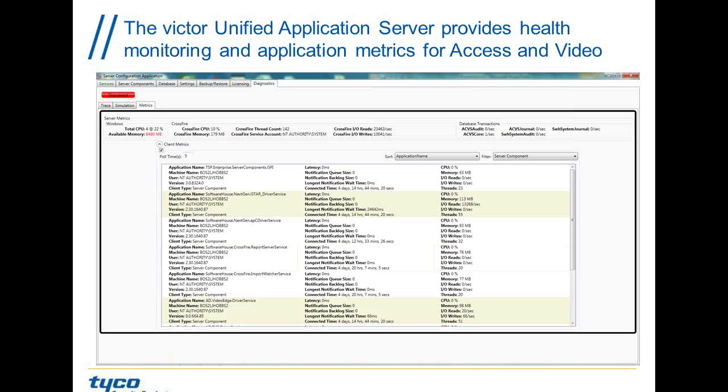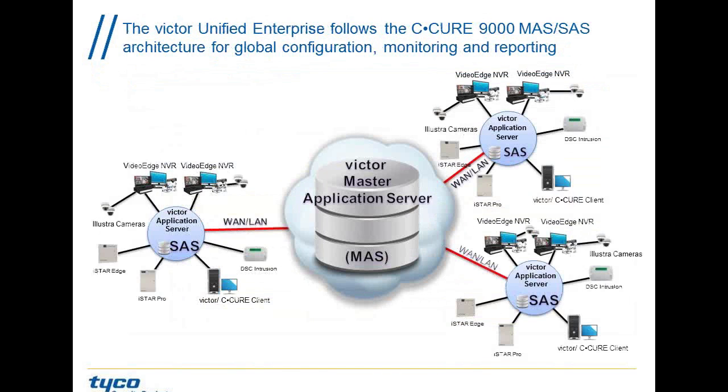So this is also a very powerful tool and significant adds that have been made and launched with this unified platform. Next, we'll talk a little bit about the overall architecture of how the unified solution works.